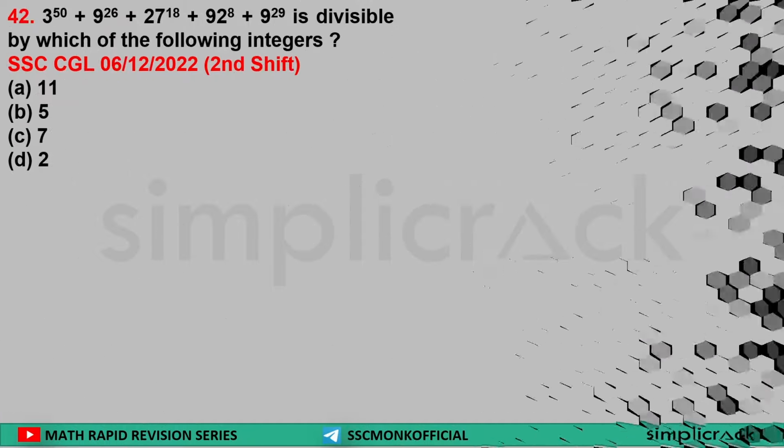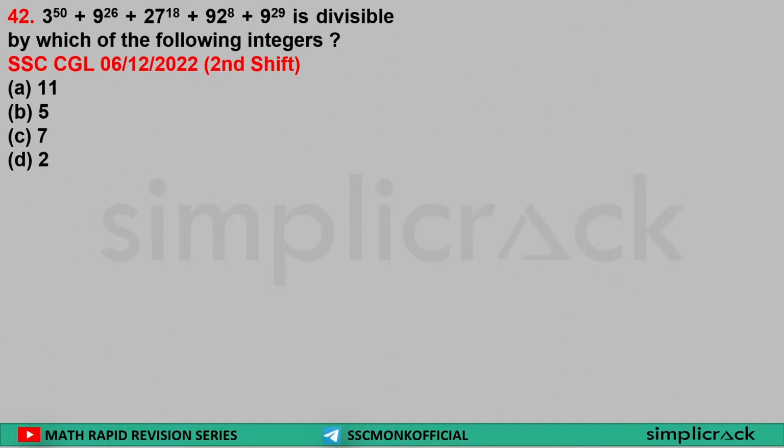Next, 3 to the power 50, 9 to the power 26, 27 to the power 18, 81 to the power 8 plus 9 to the power 29 is divisible by what? I think this should be 81. Okay, now 3 to the power 50 as it is.